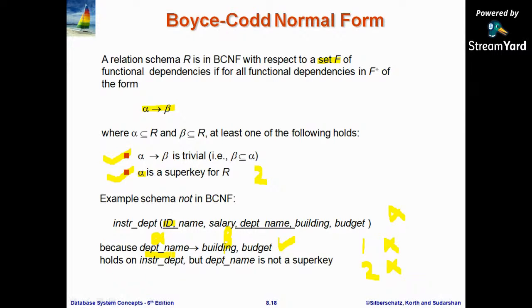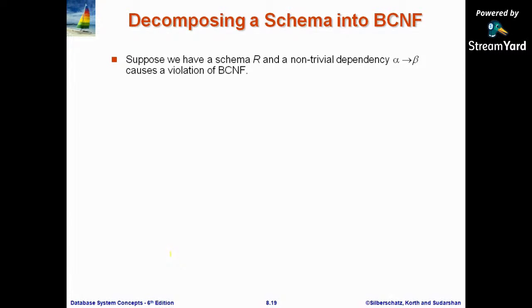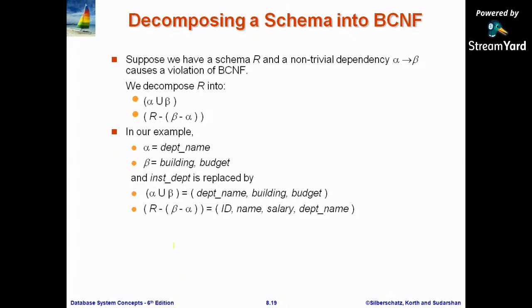Now we will see the algorithm to convert a relation into BCNF. To convert a relation into BCNF, how will you decompose? You will first create a table which consists of alpha union beta, and the second will be R minus beta.